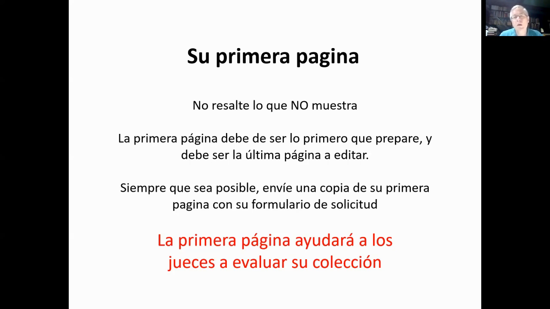Now, on a practical level, ideally, the title page should be the first page that you prepare. Why? Because it's going to organize your thinking about your exhibit. It's going to focus your mind on how you want that exhibit to evolve. But it should also be the last page that you edit.